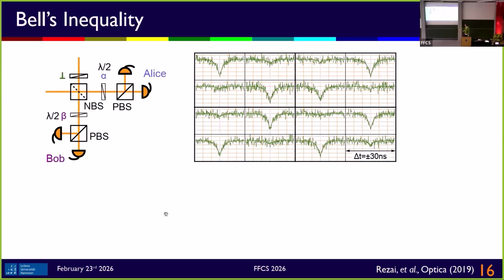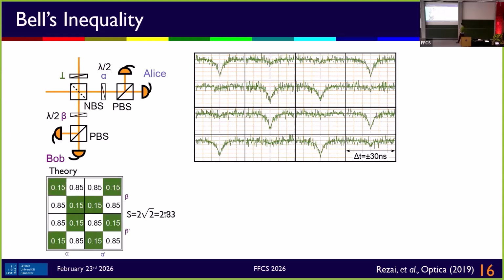Again, this is relatively straightforward. Here we see horizontal, vertical, anti-diagonal, diagonal, for Alice and Bob's settings. And this is the measurement. This is the theory. You would expect something like 2 square root of 2 as a Bell violation.